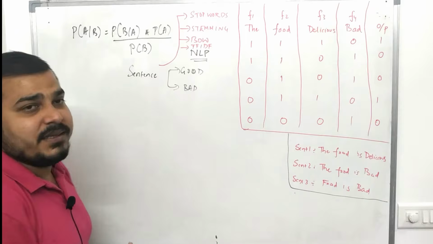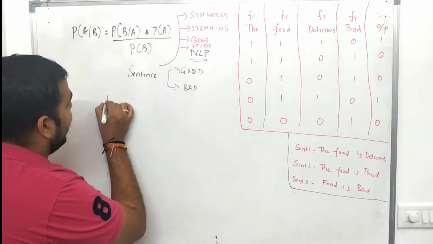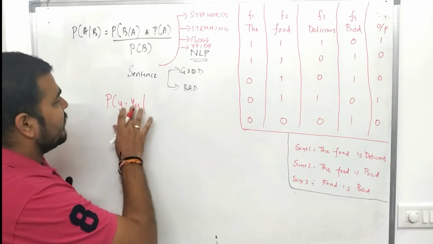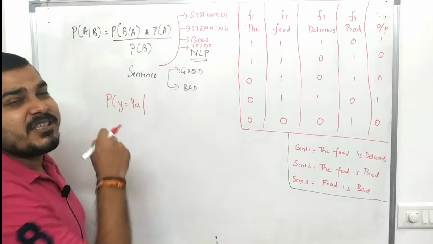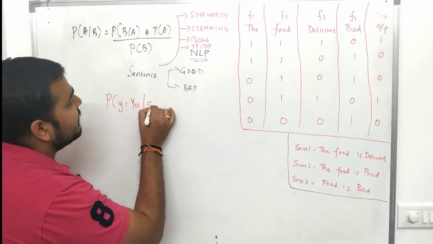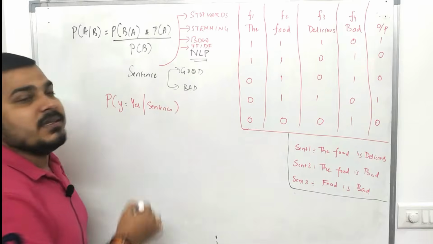Now, when we have discussed this, how do we apply the Bayes theorem? My question is that I need to find the probability of y as yes, which basically means good. I'm considering 1 as good, so here I'm writing it as yes. Given my sentence, I need to find this.